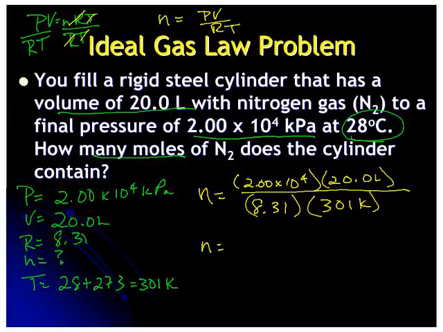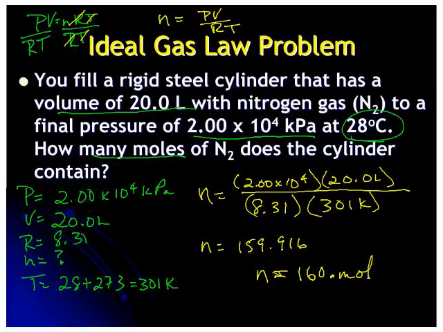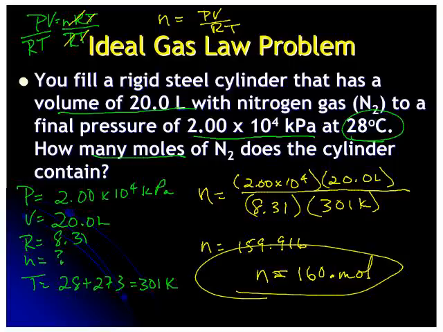So we multiply the numbers on the top, divide by the numbers on the bottom, and you get 159.916. And if we look at the problem here, we've got 3 sig figs in the problem, so this becomes N equals 160 with a point moles.